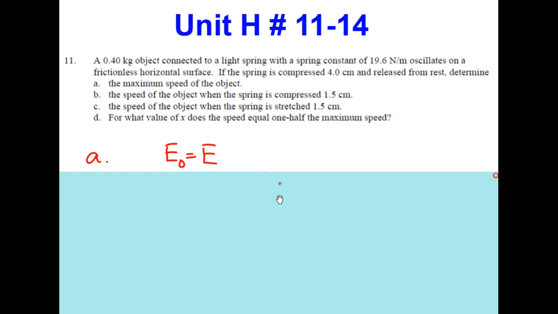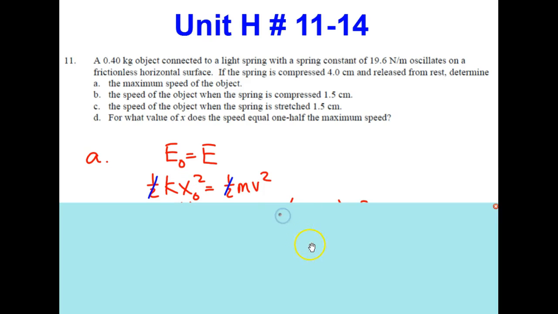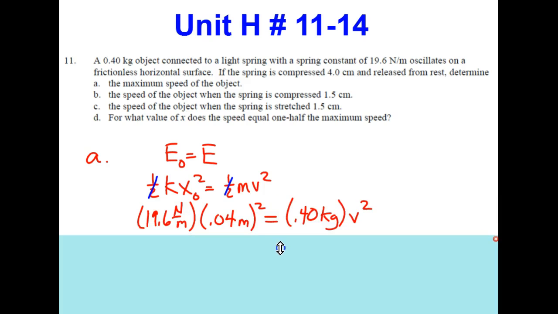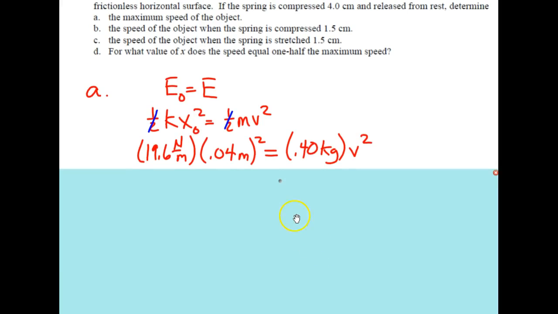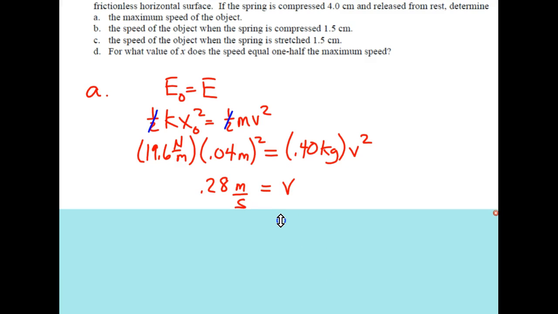And at the equilibrium position, the spring is not stretched or compressed, so no elastic potential, and we have kinetic, finding its maximum speed. We set those equations equal to each other. 1/2 kx squared equals 1/2 mv squared. Halves cancel. Substitute, and solve algebraically for v, and you should get 0.28 meters per second.